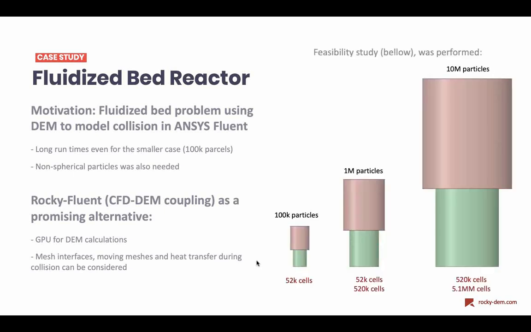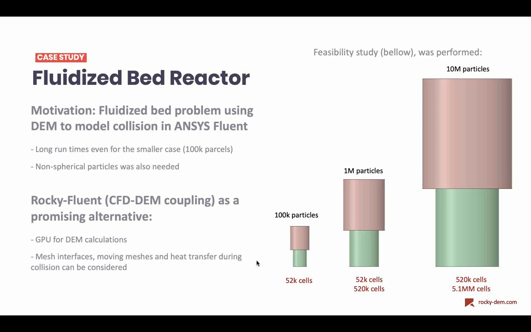So we did a very interesting analysis here for a customer, doing 3 types of geometries: small, medium, large, moving from 100,000 particles to 10 million particles on the fluidized bed side, and on the CFD side, moving from a coarse mesh, starting from 52,000 cells up to 5.1 million cells.